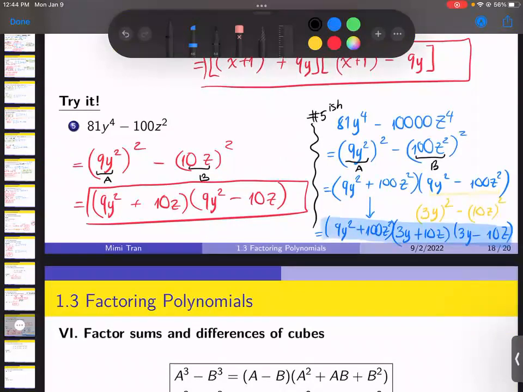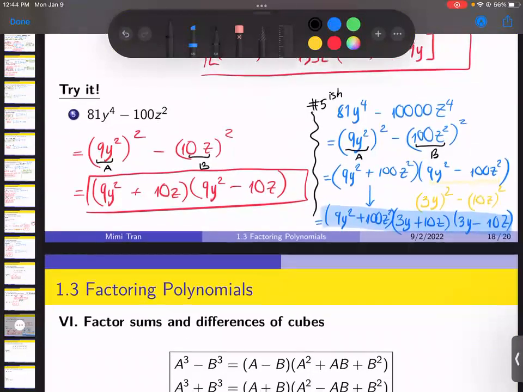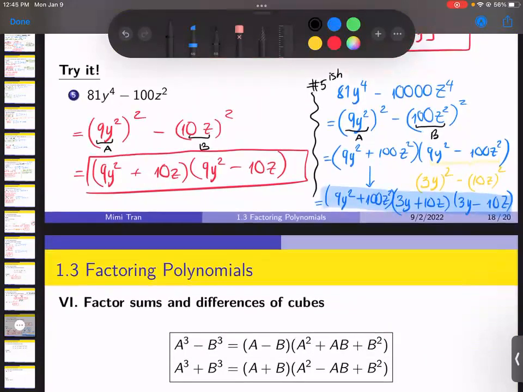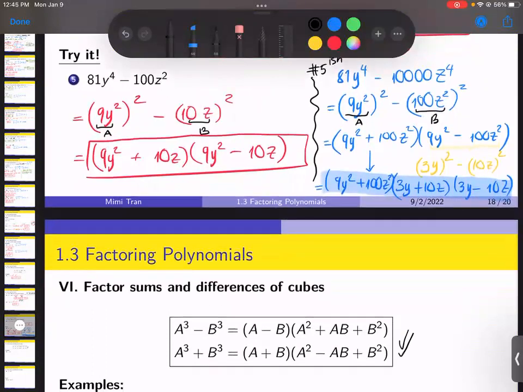Okay, I'll post this online. Don't worry, I'll post online. For the rest of you, you finish writing. I want you to read this formula. Read it out. Don't just glance at it. I want you to actually read it in your head.